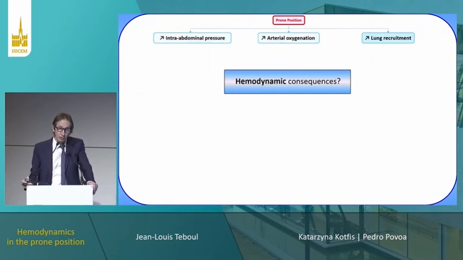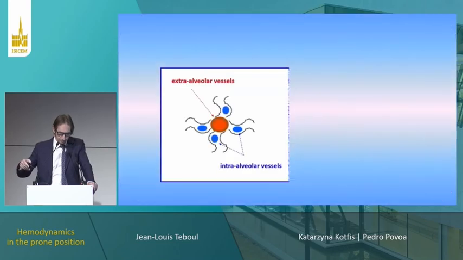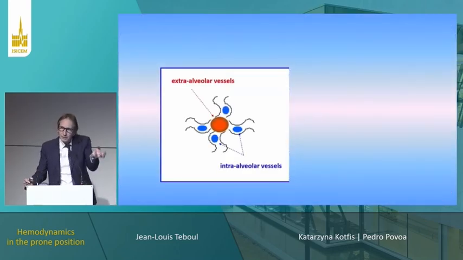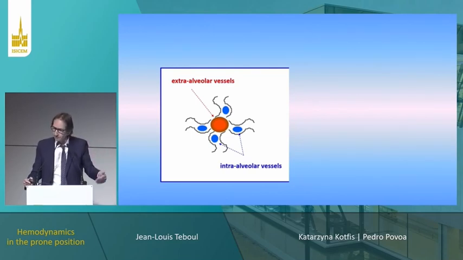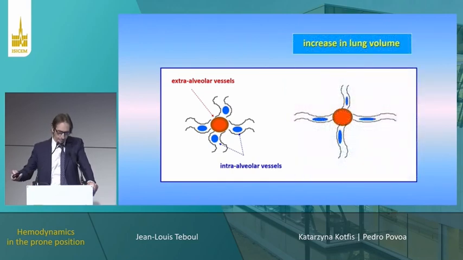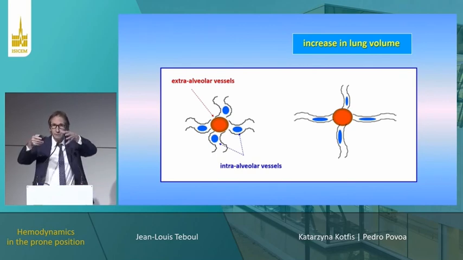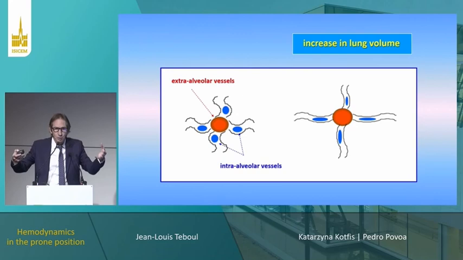Let's start with lung recruitment. You know that in the lungs, you have two categories of microvessels: extra-alveolar microvessels and intra-alveolar microvessels. When you increase lung volume, you have a compression of the intra-alveolar vessels, but a dilation of the extra-alveolar vessels.